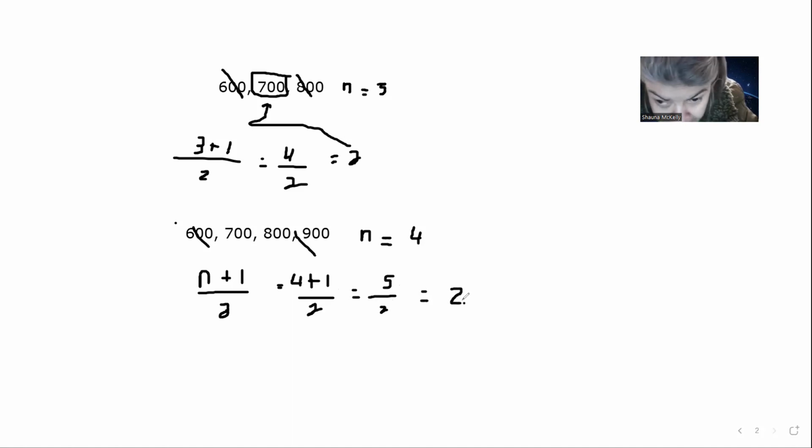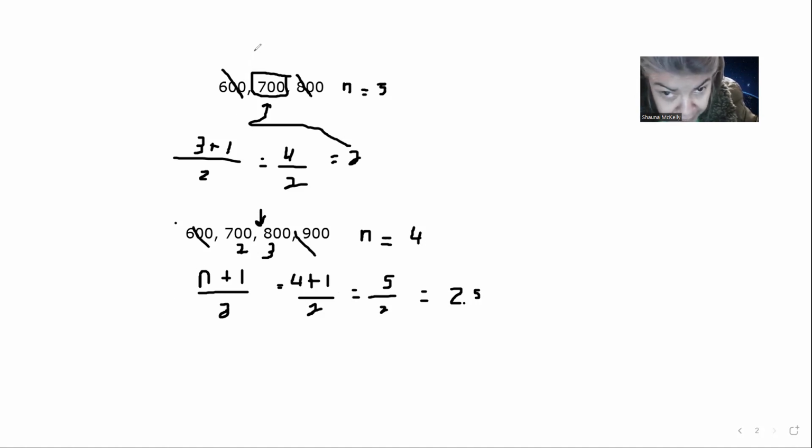That means that your median is in the 2.5 position. Well, this is position number 2 right here, this is position 2, and this is position 3. So your median is right in the middle of these two numbers. Your median is here. Now notice your median is not going to be on your list, but you can find what the median is.